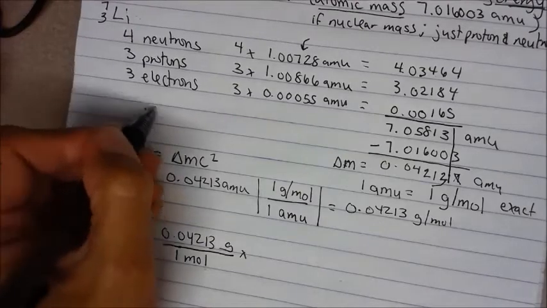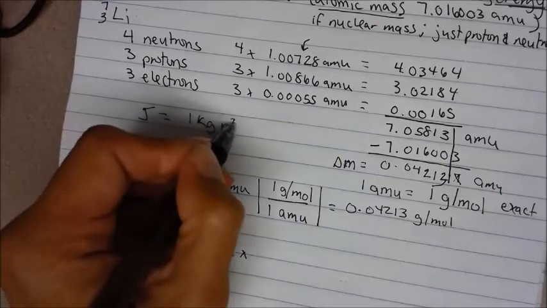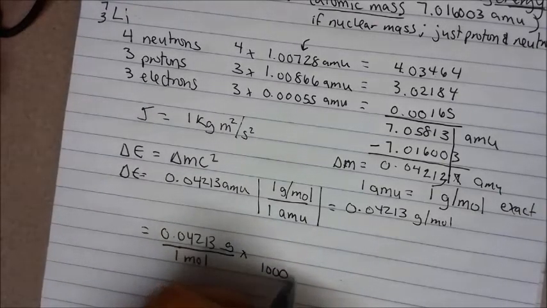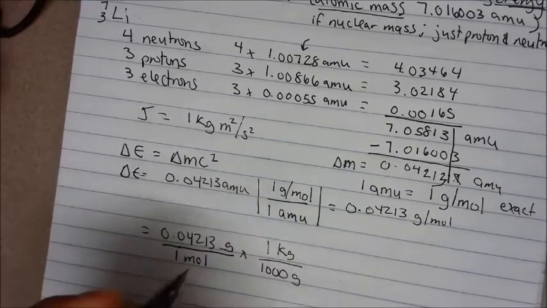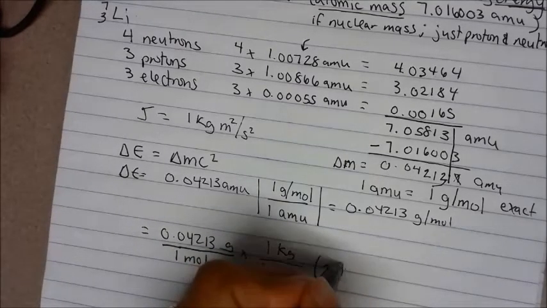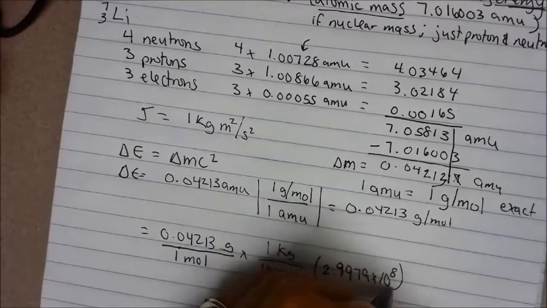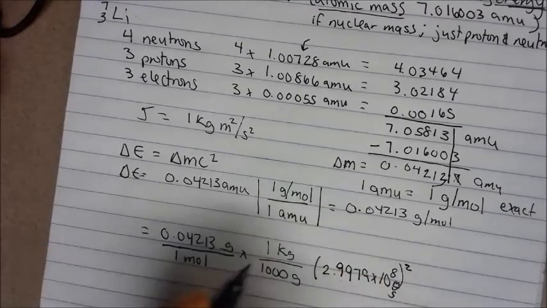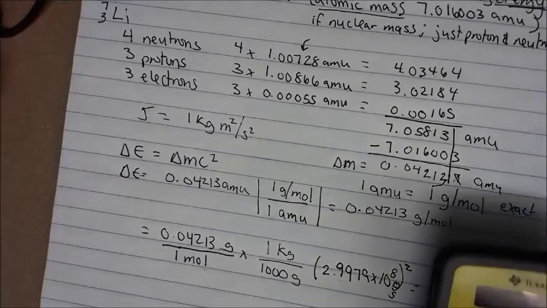Now recall, joules has units of kilograms meter squared per second squared. We have grams, so we need to convert from grams to kilograms. Let's review some calculator operations.